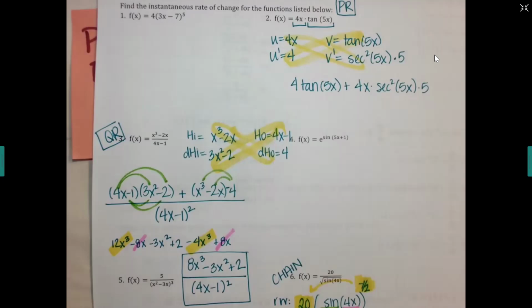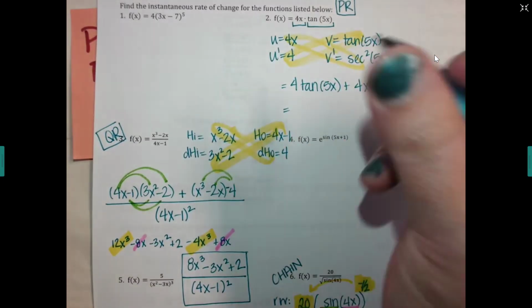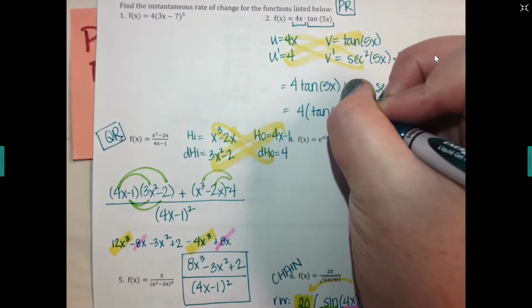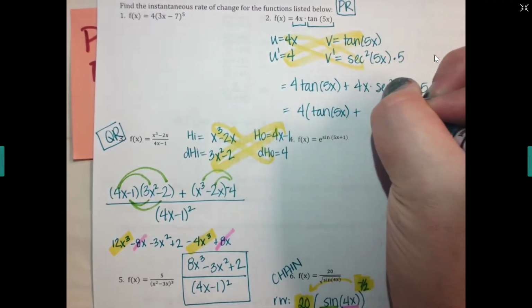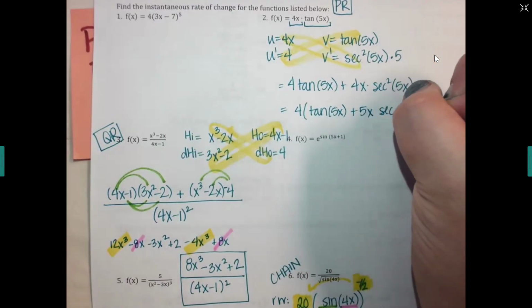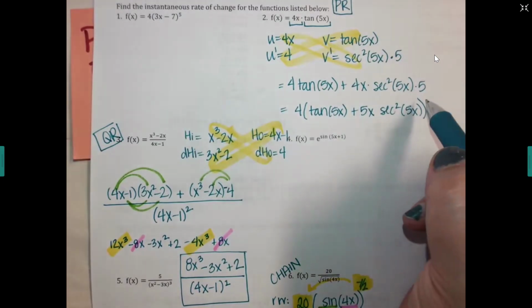So what could I take out of those? The 4. Good. So the 4 would come out. That'd be a tan 5x plus a 5x secant squared 5x. Okay.